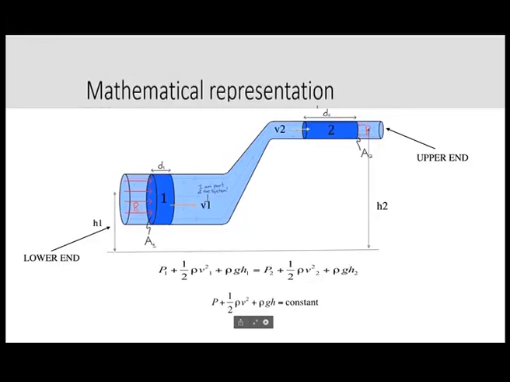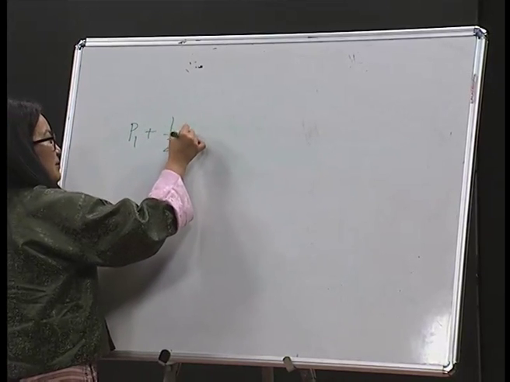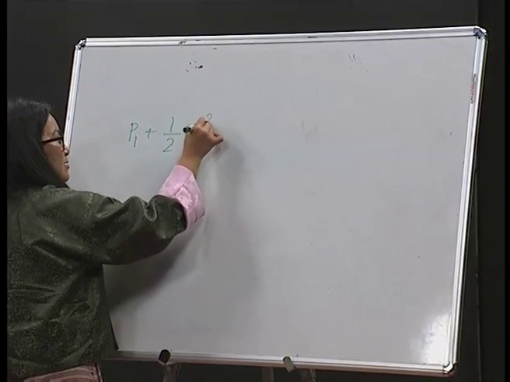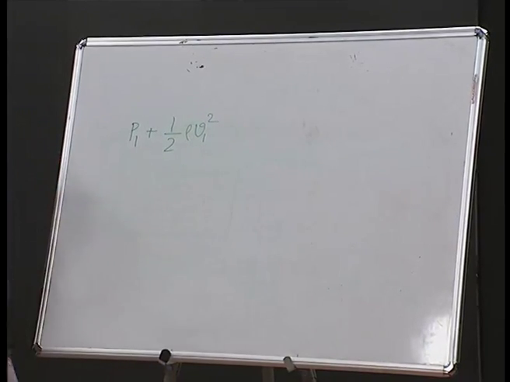Now, when Bernoulli's principle is further simplified, it becomes like this: P1, which is pressure at end A, actually represents pressure energy, plus half times density times V1 squared. So, D is the density of the liquid, V1 is the velocity at the lower end.